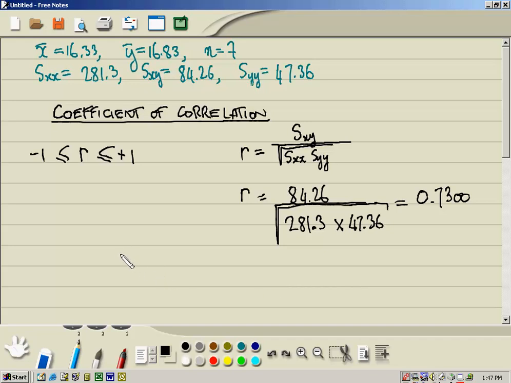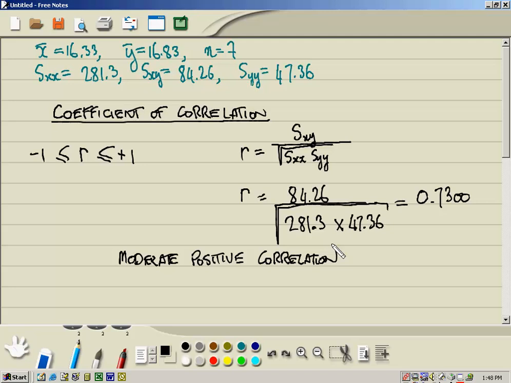Okay, so we'll characterize this for now as a moderate positive correlation. Okay, it's not strong, but it's moderate, and clearly it's positive.